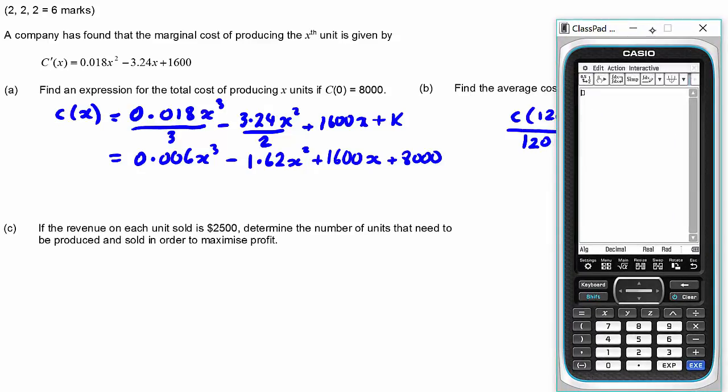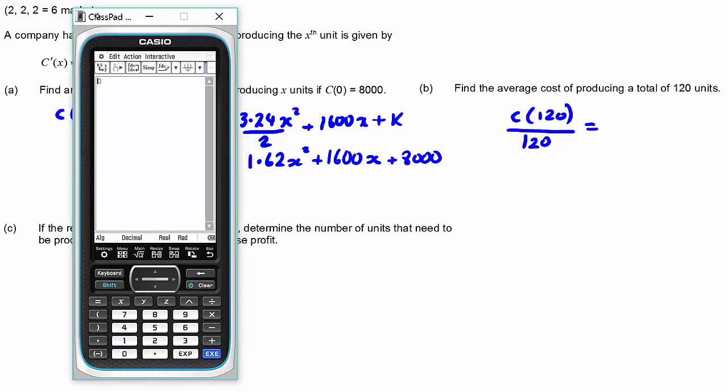Okay, so let's bring the ClassPad in to calculate.